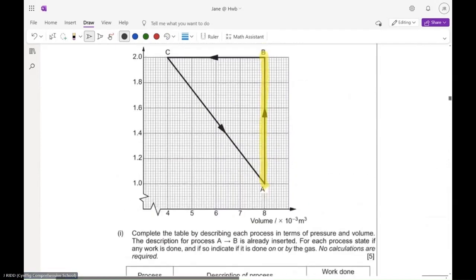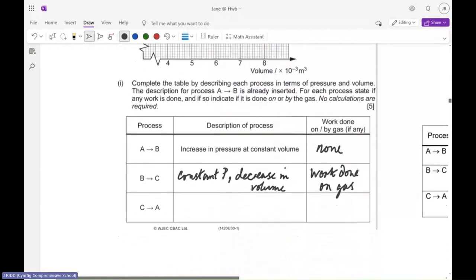And then C to A. Now with C to A, we've got a couple of things going on here. It's linear, okay? Linear decrease in pressure. I'd write pressure down if I were you. I haven't got enough room though.